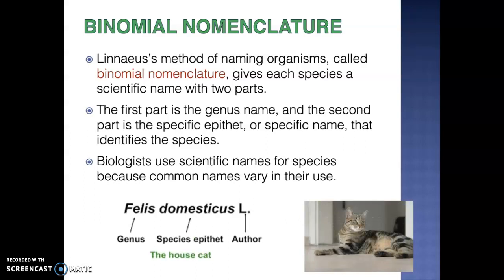Biologists use scientific names for species because common names vary in their use. So there's your genus right here, and then your species, and this very common type of name is called your house cat.